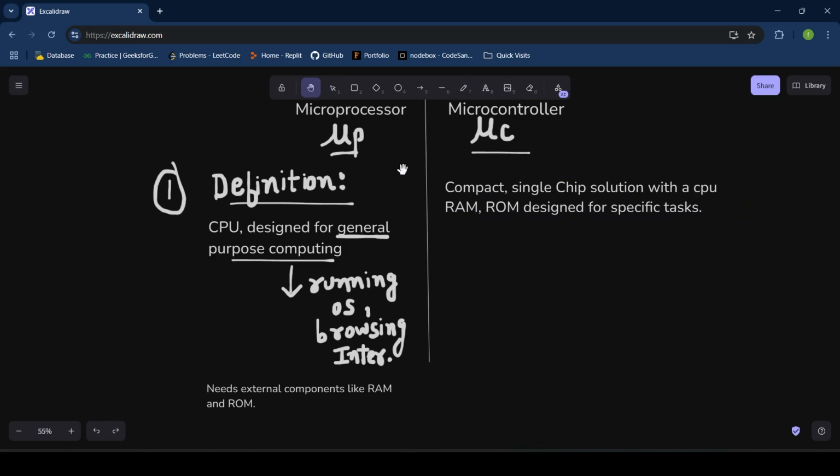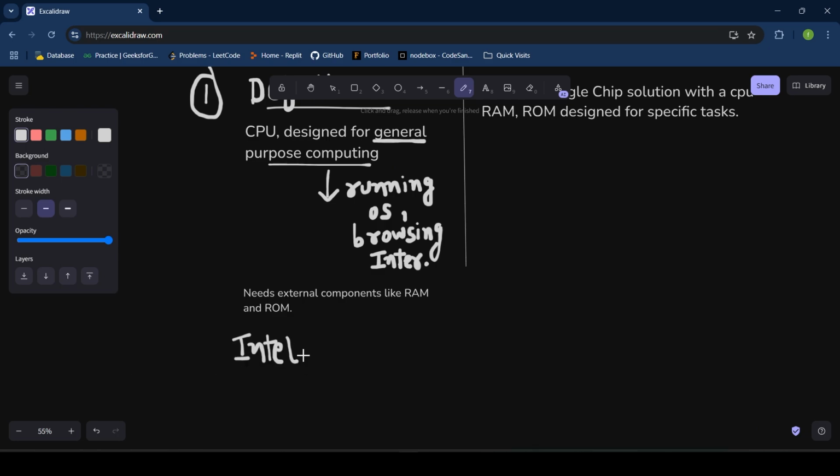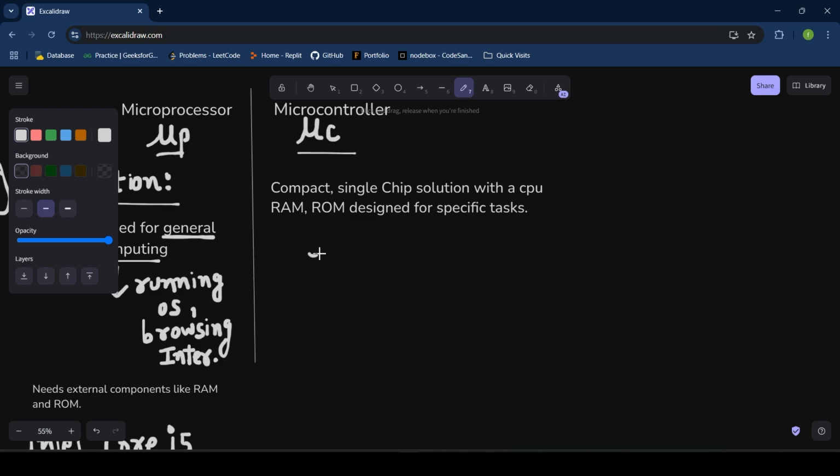And the example of microprocessor is Intel Core i5, as we have processors like i3, i5, and now we also have i7, I think. And on the other hand, the example of microcontroller would be simply Arduino Uno.